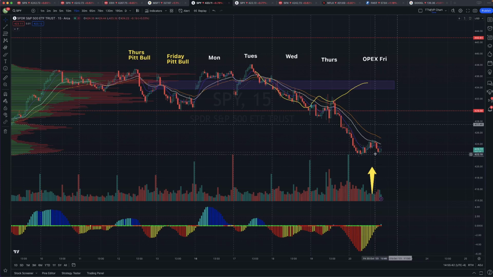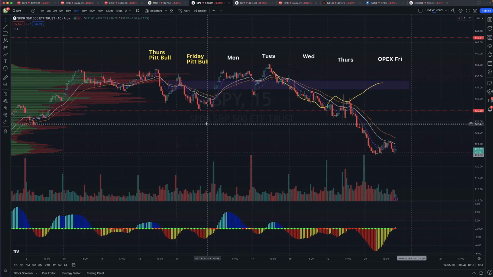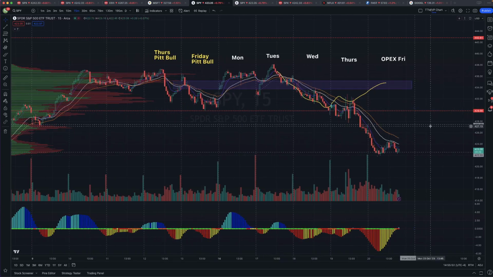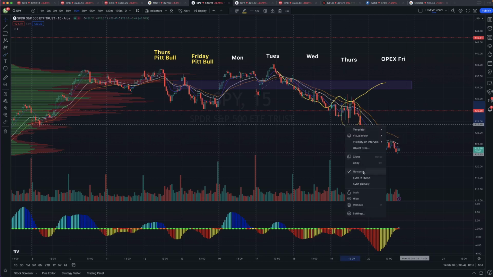I mean, we're holding this 422.50 level. Usually during OPEX week we'll come back, but this OPEX week we did not. But for the first 3.5 days, we did what OPEX week is going to do. The issue right there is Powell, and he kind of pooped the market for us, and issues in the Middle East and everything else.